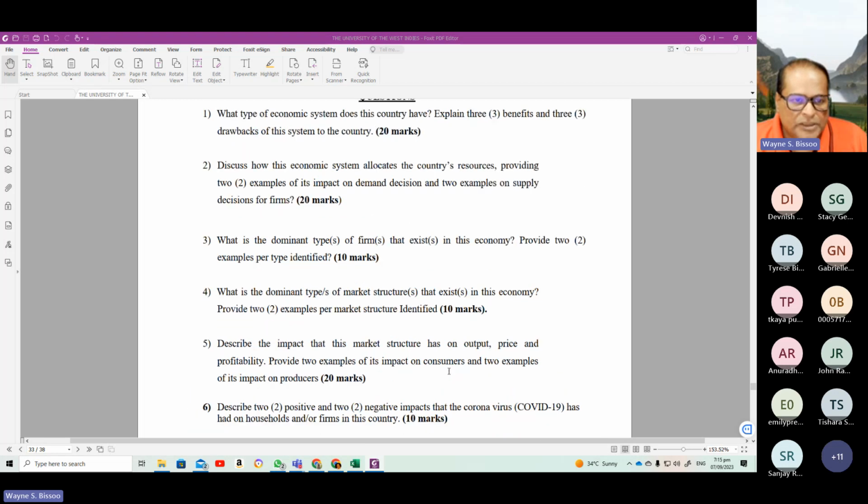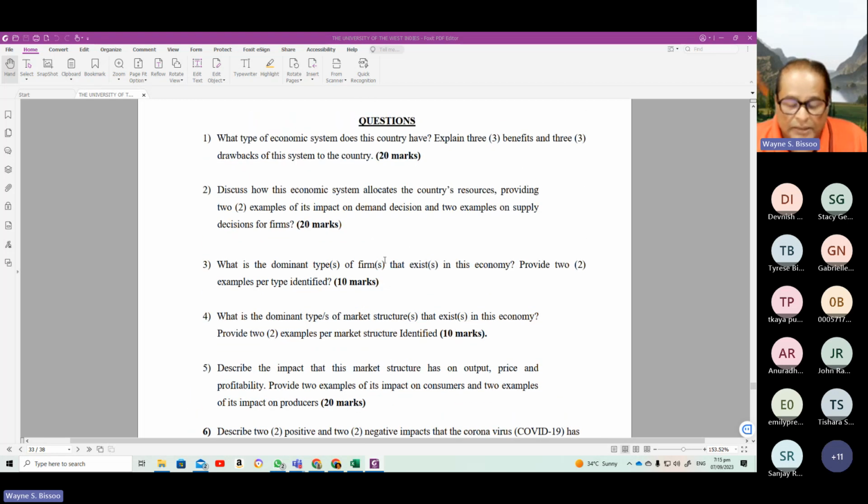All right, and then you have these questions that you're asked to evaluate about the country. What type of economic system does the country have? Explain 3 benefits and 3 drawbacks of this system to that country. That's to be specific to the country itself.